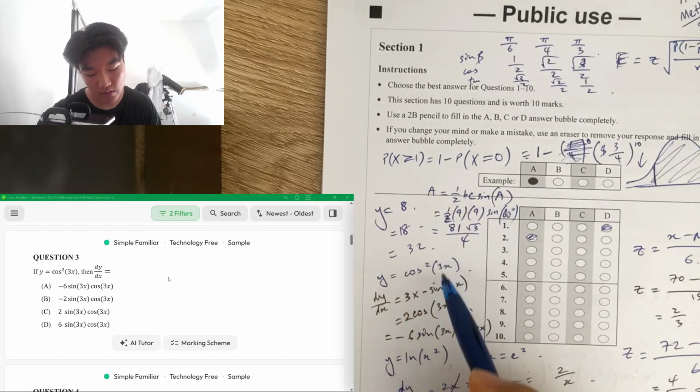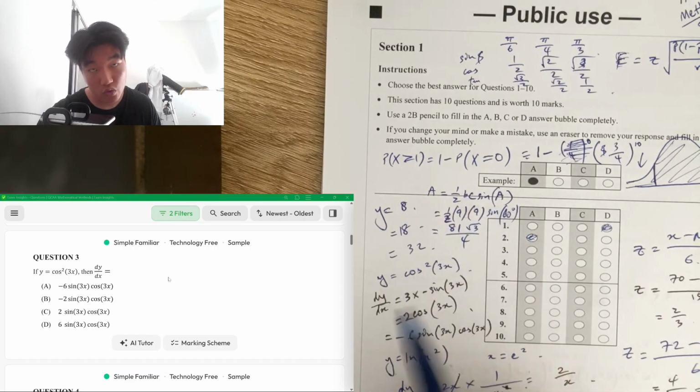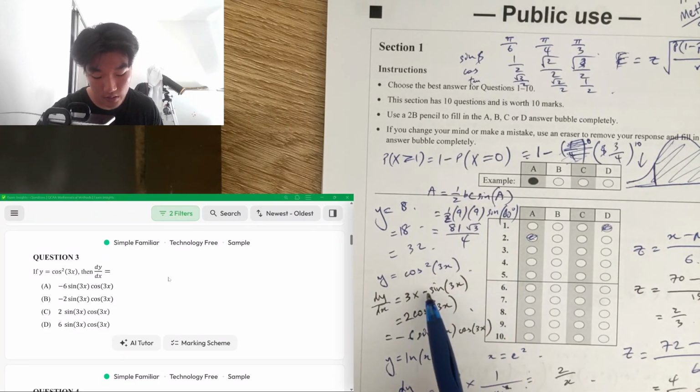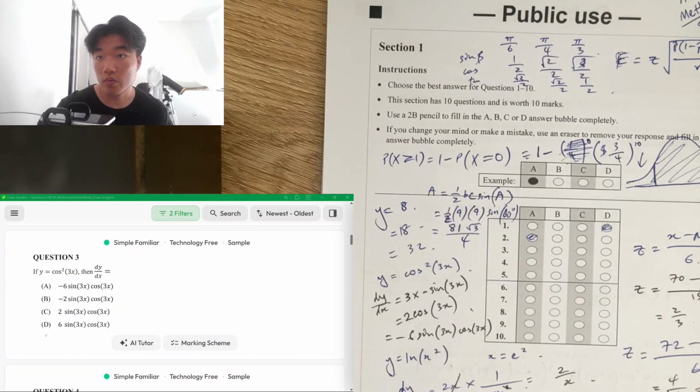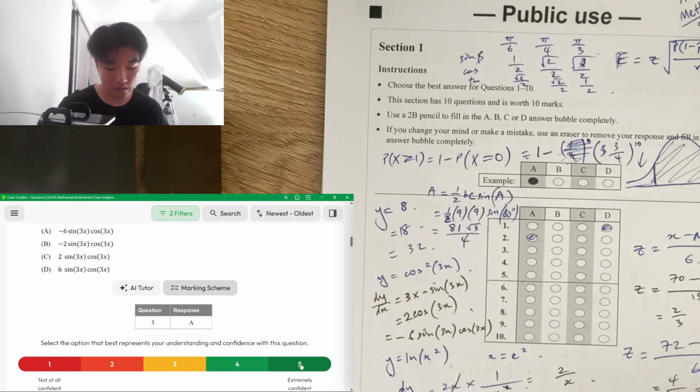Let's say u is cosine of 3x. So u squared becomes 2u when we derive it. So it's just 2. The coefficient is negative 6. So we actually don't need to worry too much about anything else. So it's just A, because that's the only one with negative 6 at the front.